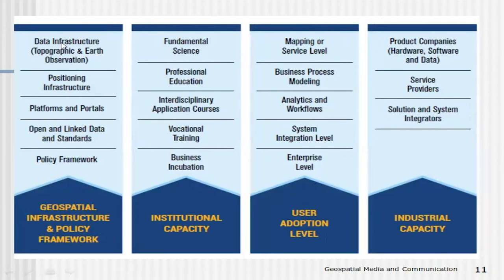Geospatial infrastructure, for example, you have the data infrastructure, the positioning infrastructure, the platform and portal, open and linked data, and policy framework, etc. You will have the opportunity to have the document where this approach is presented.